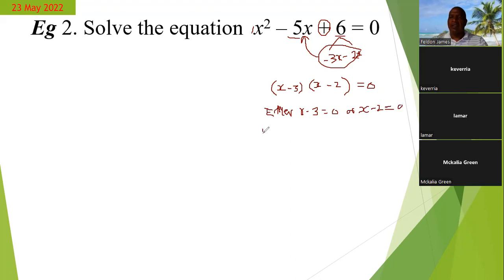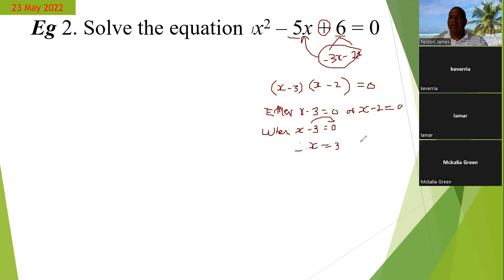Next, when x - 3 equal to 0, we simply solve by bringing over the 3. Therefore, x is equal to +3.